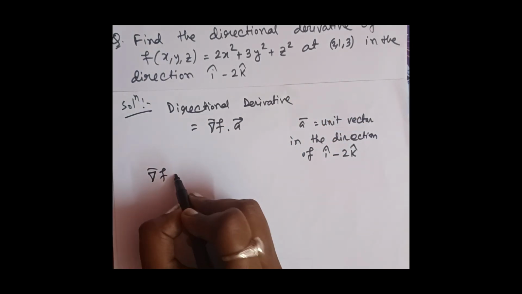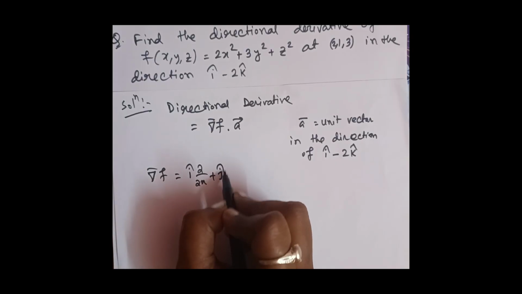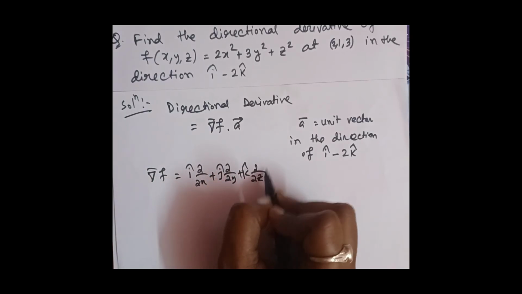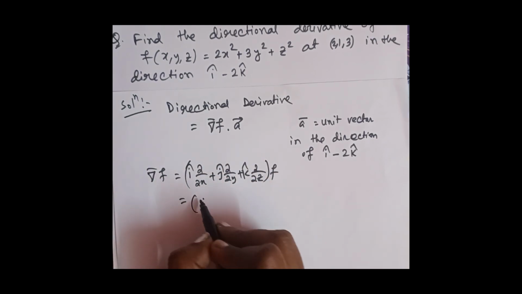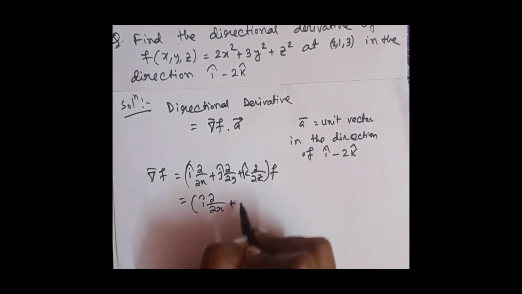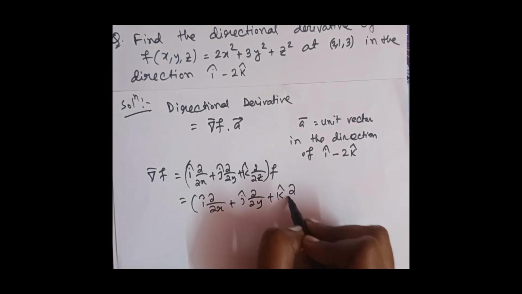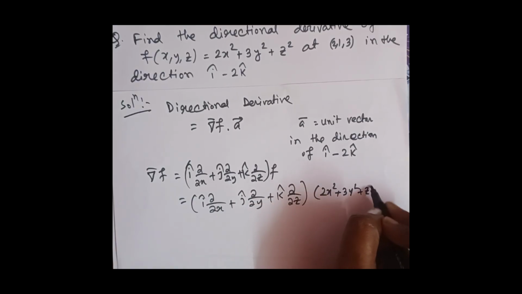So grad f equals i del del x plus j del del y plus k del del z of f, and f is 2x square plus 3y square plus z square.